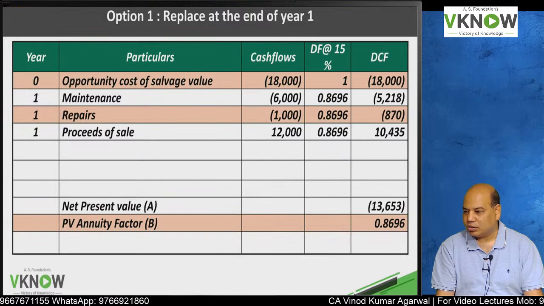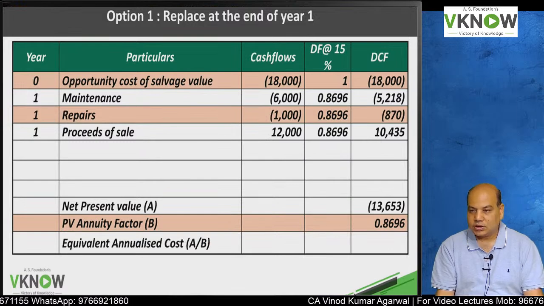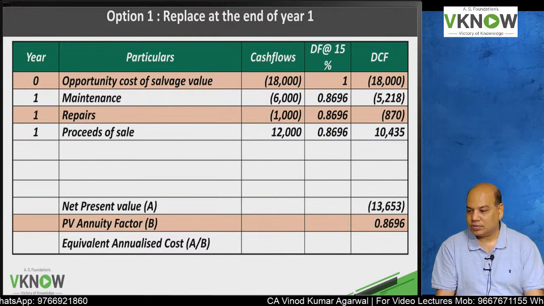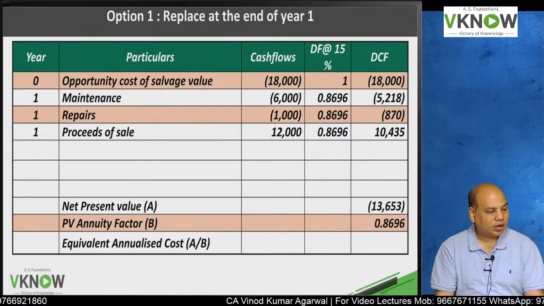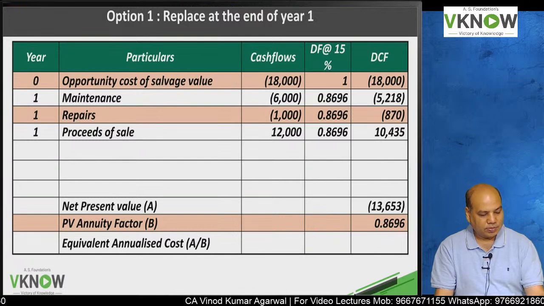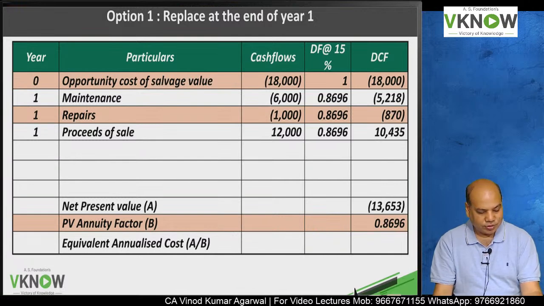0.8696 because it's 1 year only. Therefore EAC. Anybody? EAC is net present value divided by annuity factor. Come on, please reply. You're a good student. You can do it.